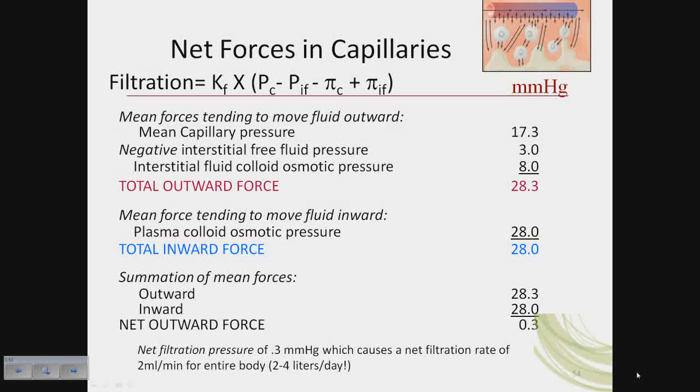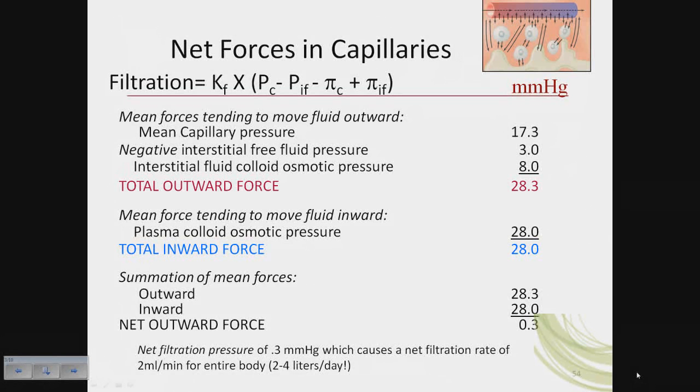We have 3 of our 4 Starling forces favoring outward movement. Fluid leaving the capillary to the interstitial space. And that leaves our only remaining force, the plasma or capillary colloid osmotic pressure, 28 millimeters of mercury, on its own.